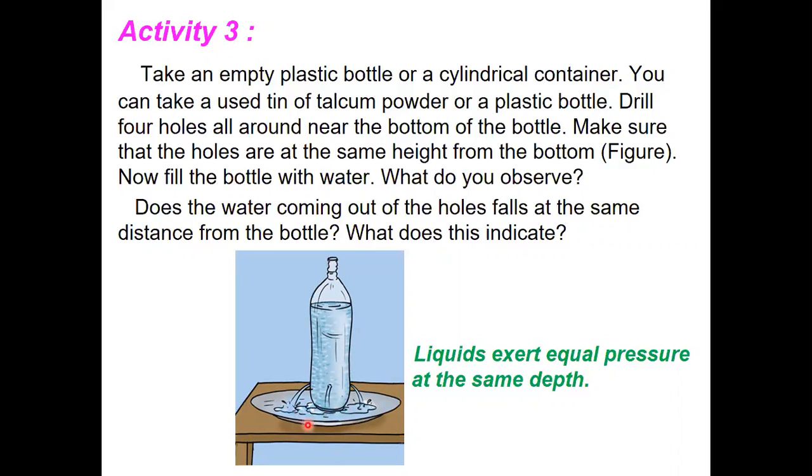There are 4 holes in the water bottle at the same distance from the bottom, and the water coming out of the holes falls at the same distance from the bottle because liquids exert equal pressure at the same depth.